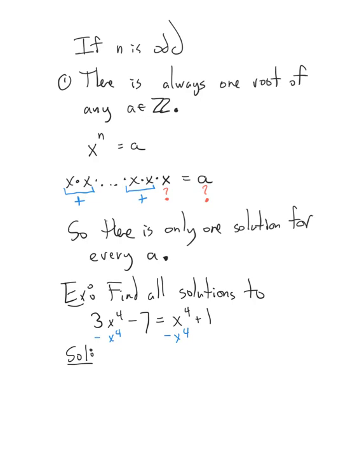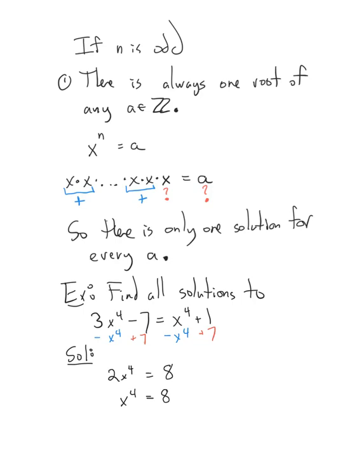Then let's add 7 to both sides. So we have 2x to the 4th on the left-hand side, and on the right-hand side, 1 plus 7 is 8. We'll divide both sides by 2, and we get x to the 4th equals 8.